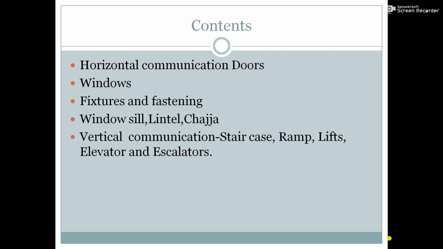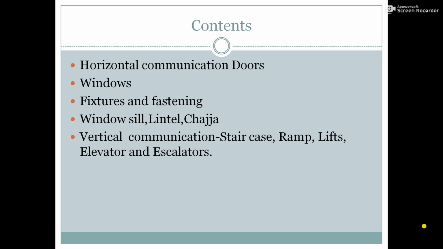In the vertical communication, we are going to study staircase, ramp, lift, elevator and escalators. So, we are going to study horizontal communication, vertical communication and ventilation in the structure.